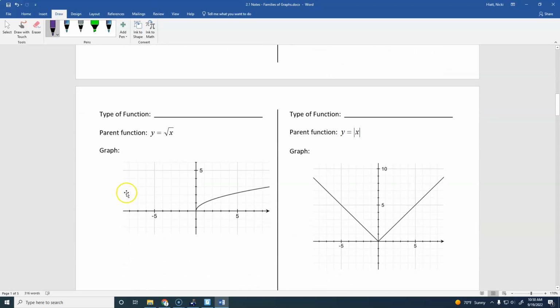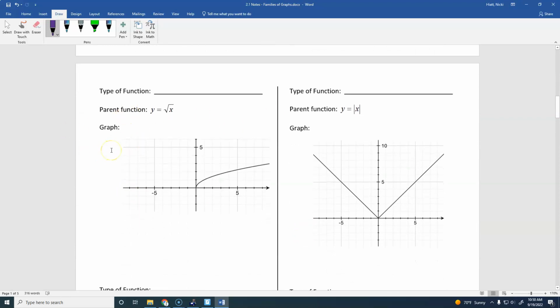Okay. This next one that we're going to look at, this is one we will focus on. It's one that in our curriculum says that we need to focus on. And this one is a square root. You may sometimes see this called radical, but radical could refer to any type of root.